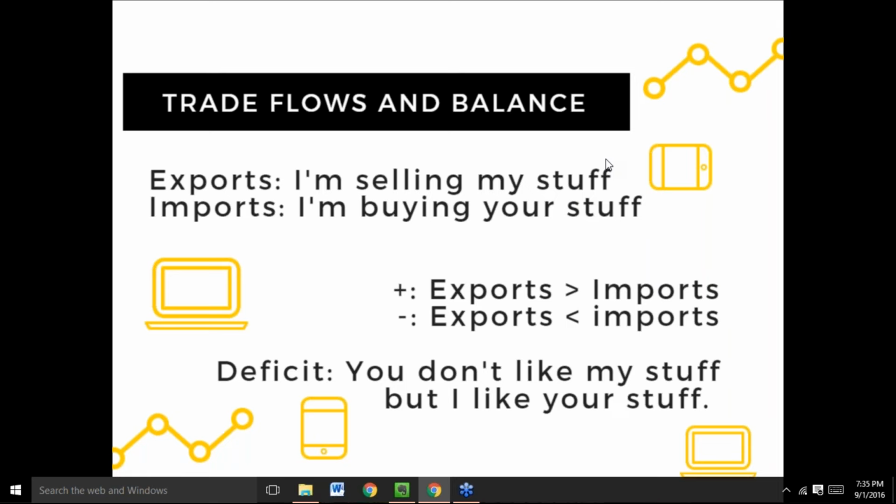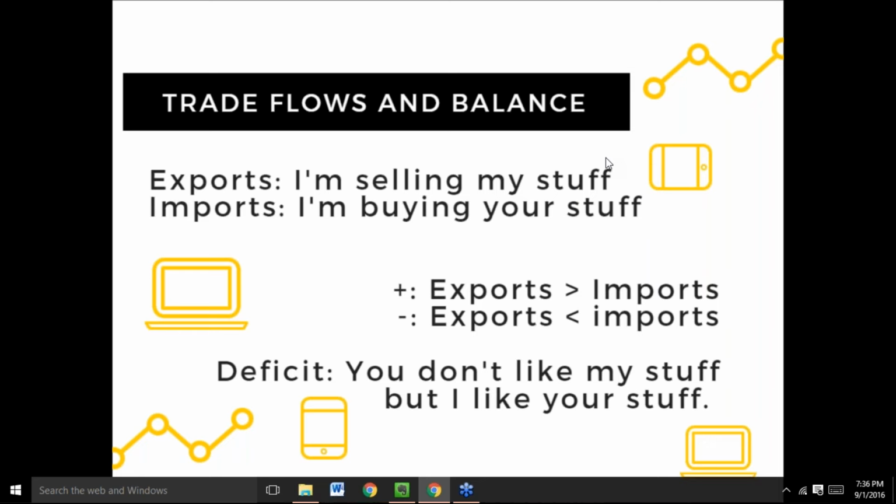Clear? Okay. Again, if there's a really neat Australian product being delivered somewhere else, and there's a high demand for that product, to get that product from Australia, they have to pay in Australian dollars, which makes the demand for AUD higher.